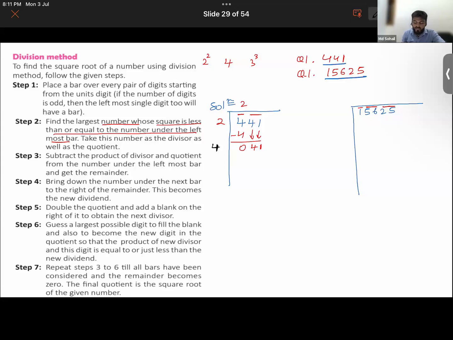Okay. Now read step number 6 here. Or just read step number 5 first. It also says to add a blank on the right of the number. So add a blank here.